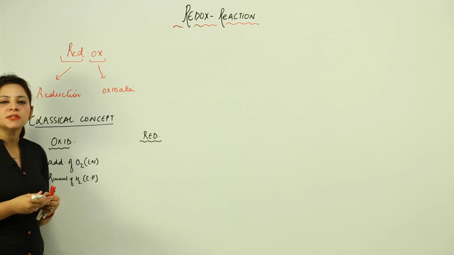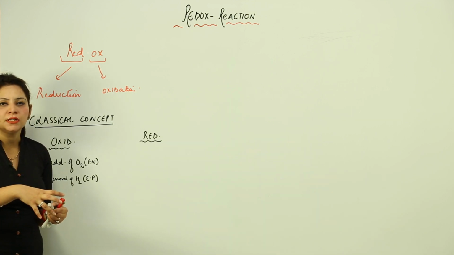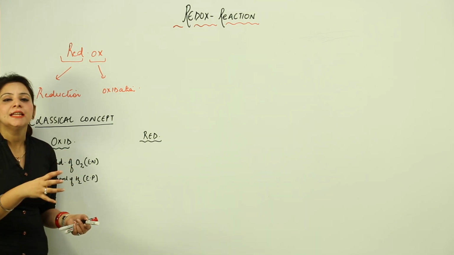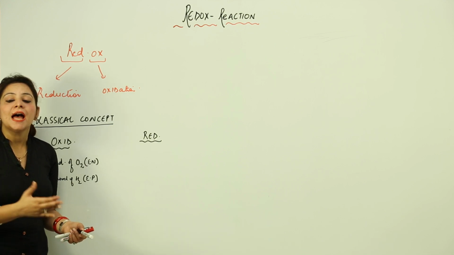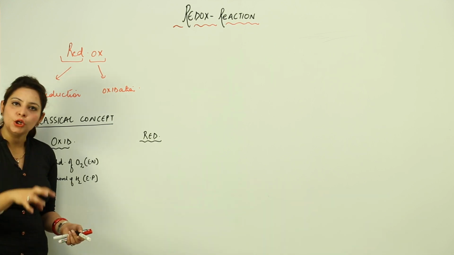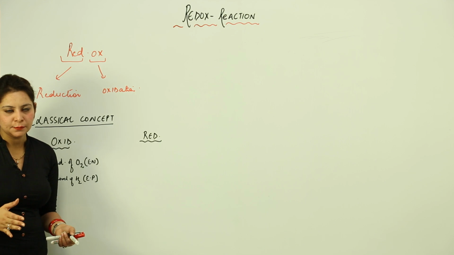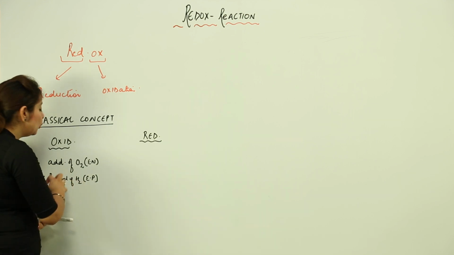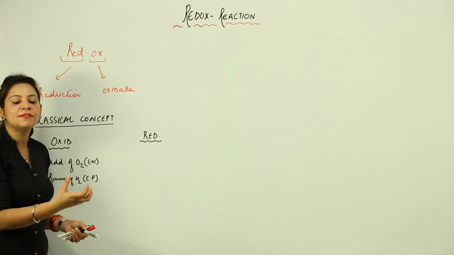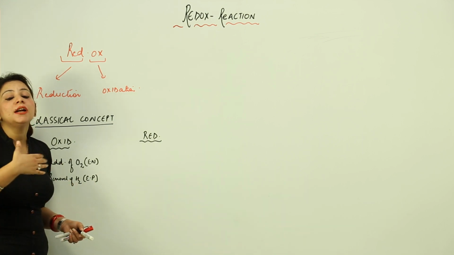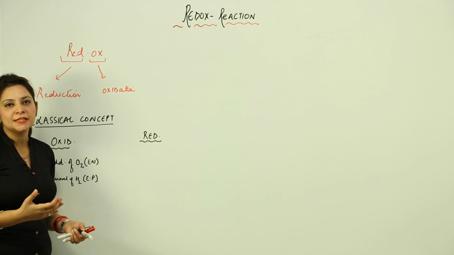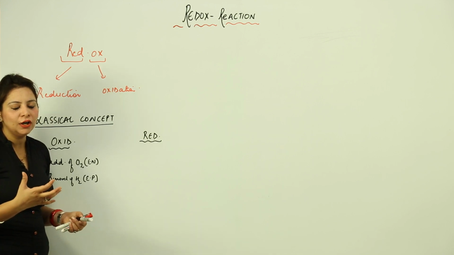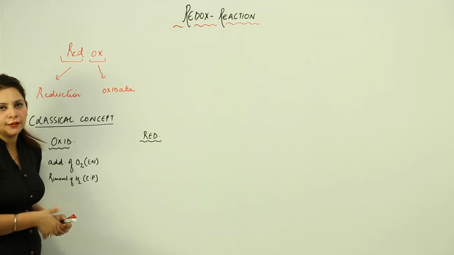Whenever you see that oxygen is added to a certain substance, it is called oxidation. And it is not only oxygen, it can be any electronegative substance. Whenever you remove hydrogen from a substance, it is called oxidation, and removal of any electropositive substance is also called oxidation.